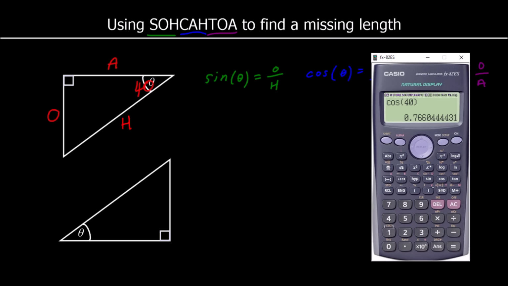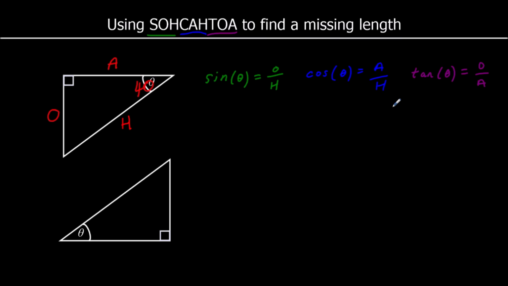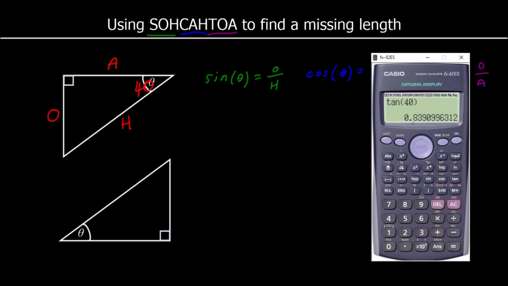And if we put tan 40 in, we get 0.839 and so on. So O divided by A, this length divided by this length, will always be 0.839 and so on.